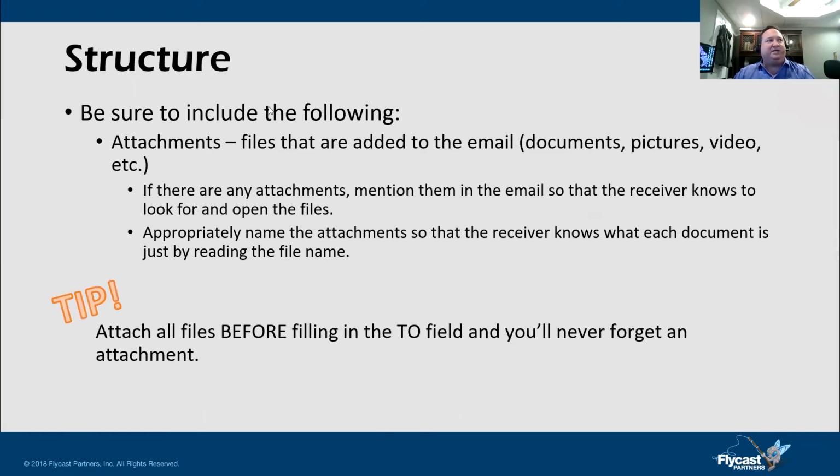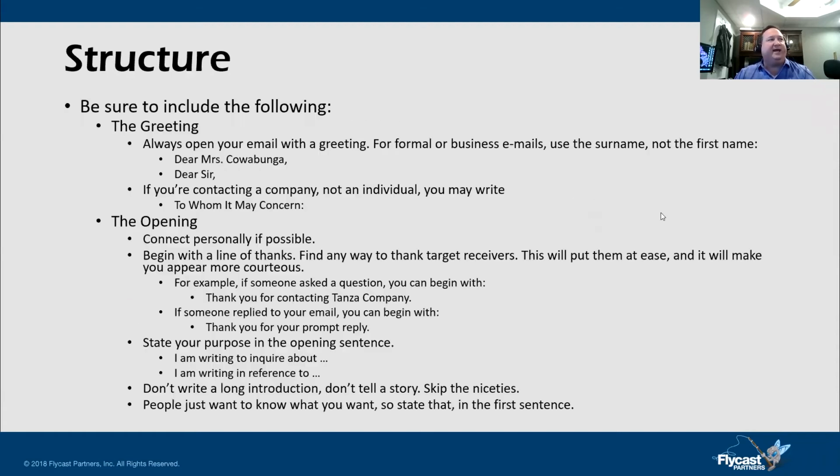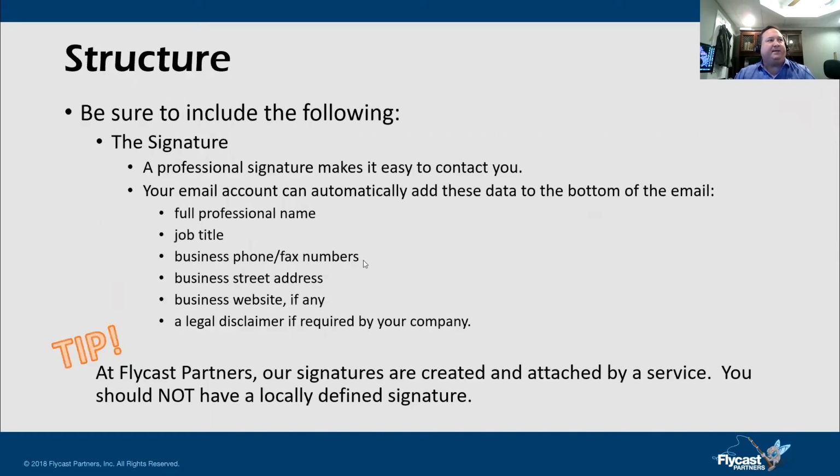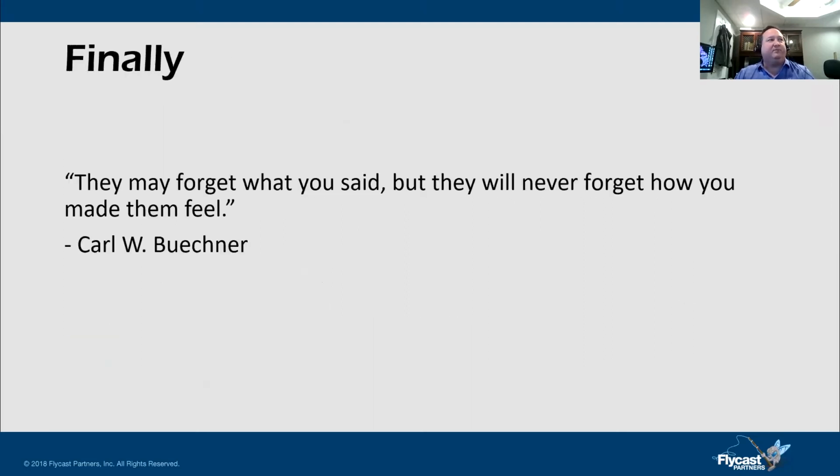And it goes through attachments, and gives some tips, like finish your email before you fill out the To field, and you'll always have your attachments on the email. It goes through the greeting, the opening, the body, the closing, signatures. Another tip is at Flycast Partners, all our signatures are created by a service, so you don't have to worry about that. As long as yours is right, we're good to go there.